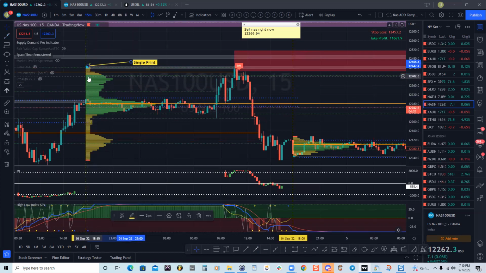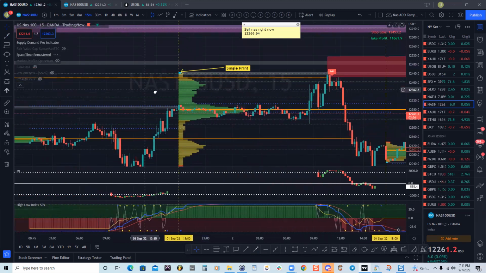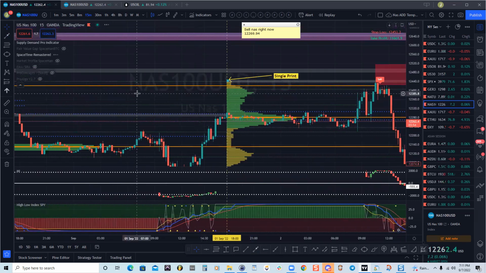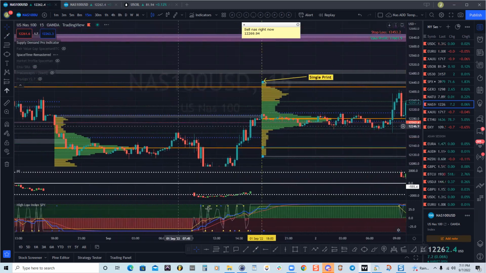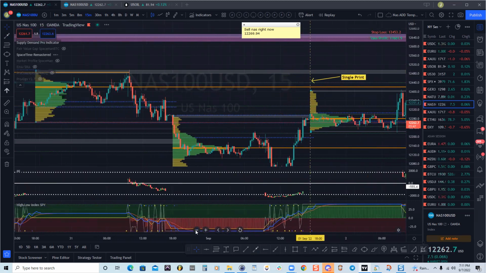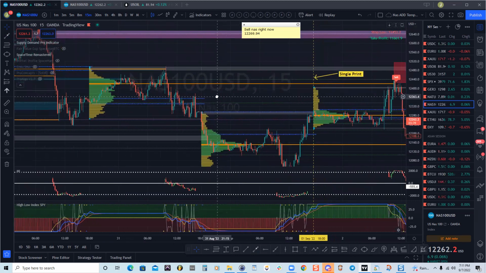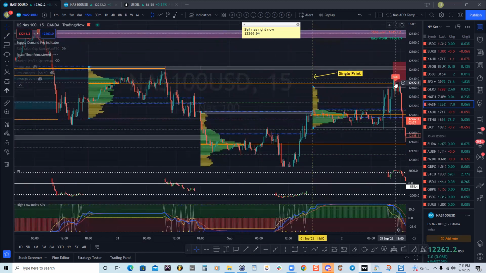So what happened? It didn't create the POC, because this POC has been created all the way over here. See that? It's been running for a while. It got created here, right? This got printed here. And it stopped right here.